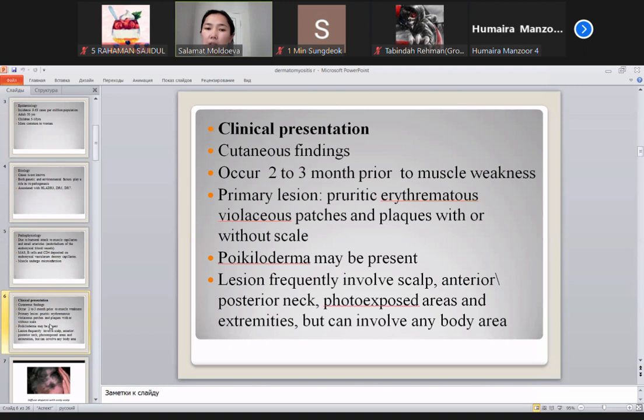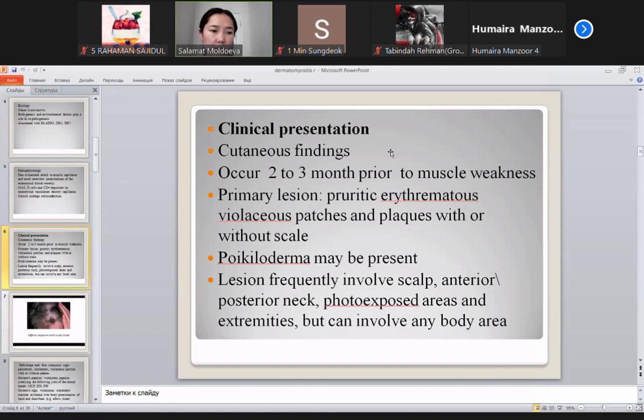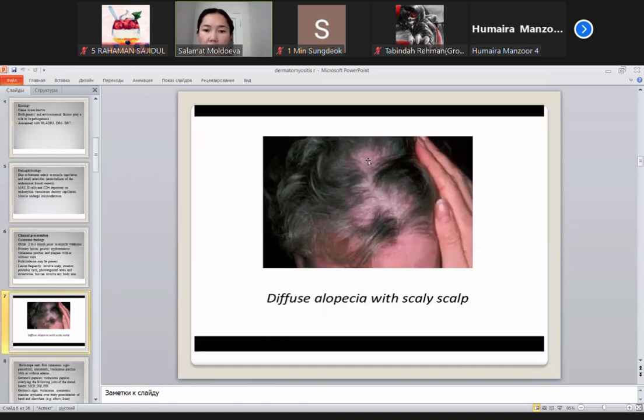They frequently involve the scalp, anterior or posterior neck, photoexposed areas, and extremities. In this picture there is alopecia, but it's a scaly scalp alopecia, like one line, not diffuse. Initially there was diffuse, and there is scaly scalp, that's why you can differentiate between these two diseases.